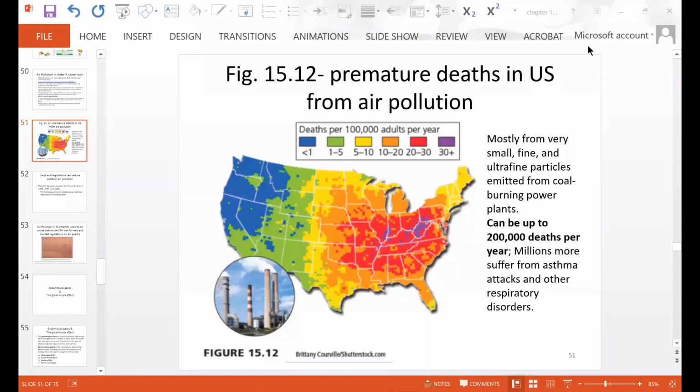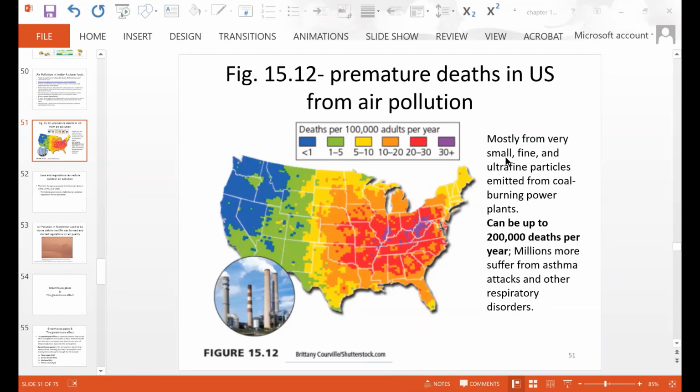I'm looking at the United States. This diagram shows premature deaths in the US from air pollution. And these numbers are deaths per 100,000 adults per year. So you can see in the purple, it is 30 deaths or more for every 100,000 adults every year.